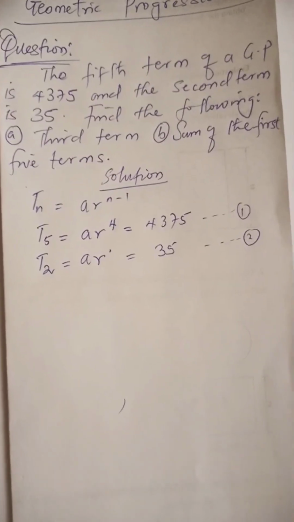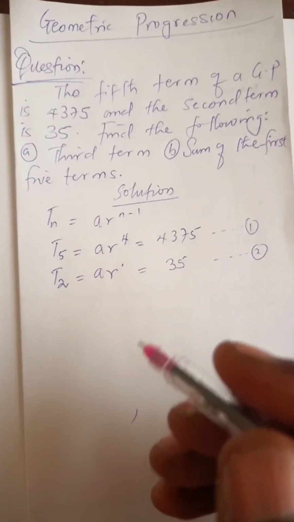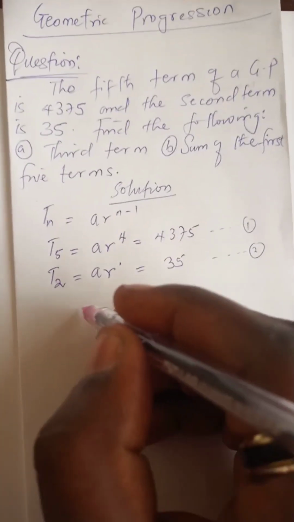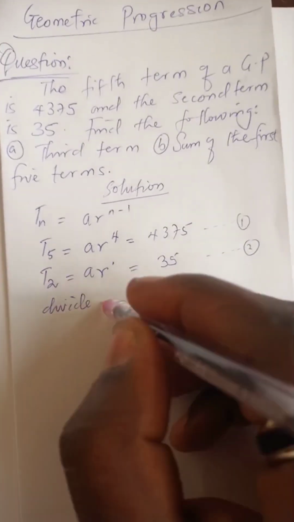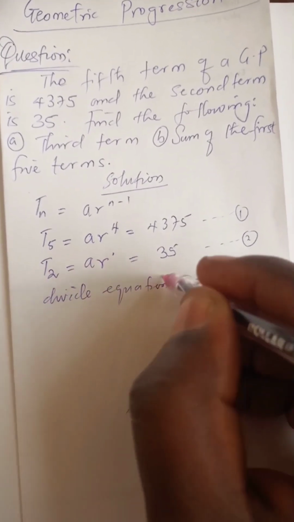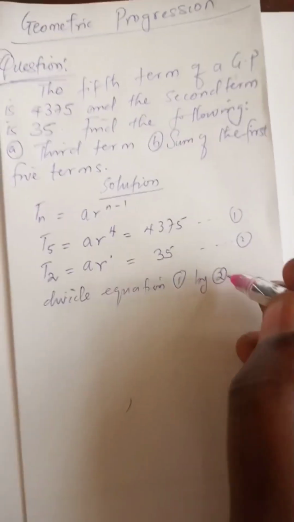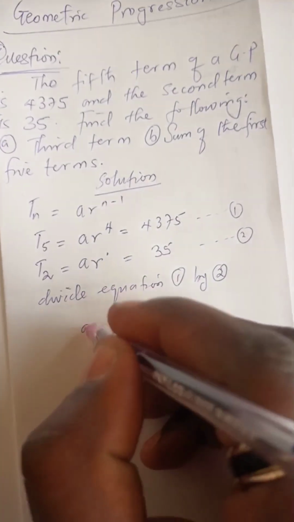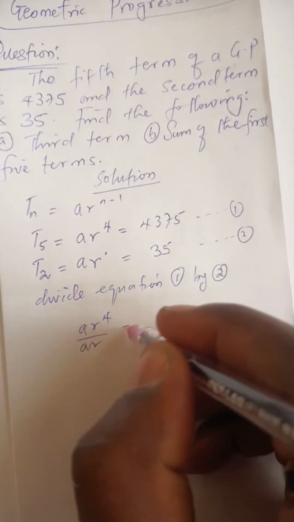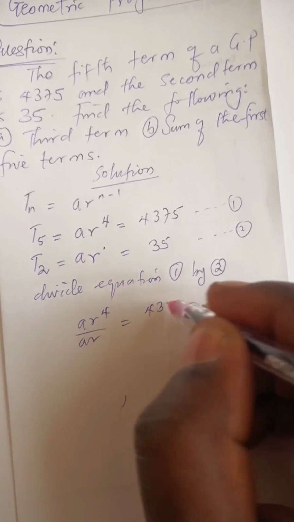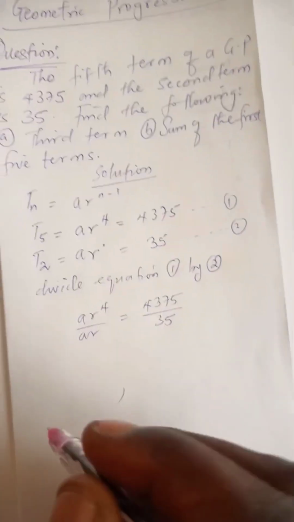Now, having gotten that, how do we get the value of A and R? So we do the simple division. So we say divide equation 1 by equation 2. So we'll be having AR raised to power 4 divided by AR, which is equals to 4375 divided by 35.